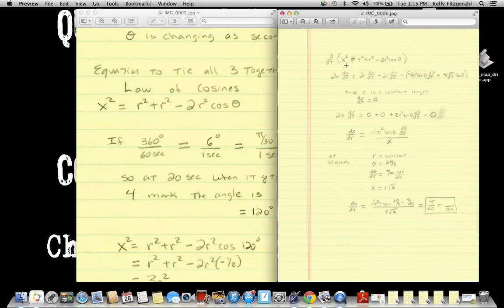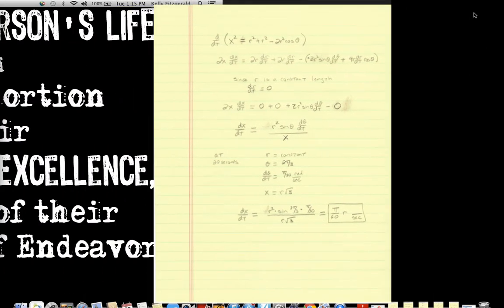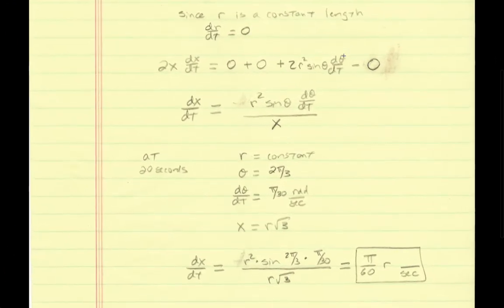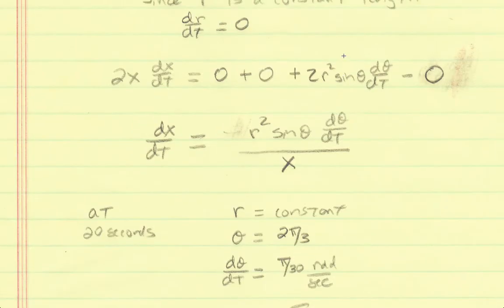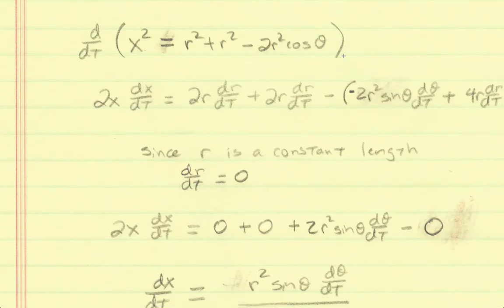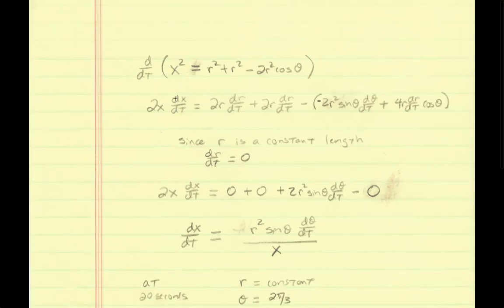Now it's time to take the derivative of that equation and see what I get. As I take that derivative, I get 2x dx/dt equal to 2r dr/dt plus 2r dr/dt minus, now this is the product rule, so I have to go ahead and use it: the first, times the derivative of cosine, which is negative sine d theta/dt, plus cosine, the second, times the derivative of the first.